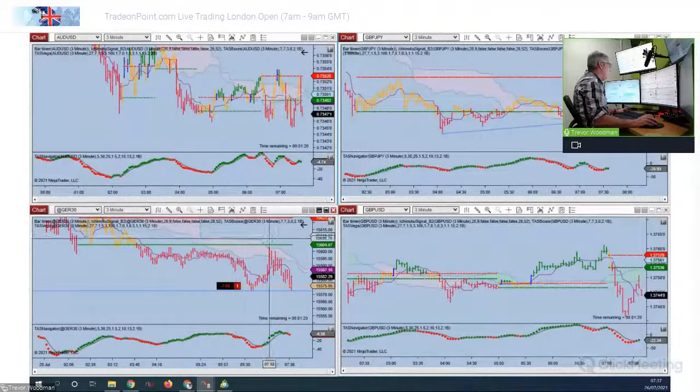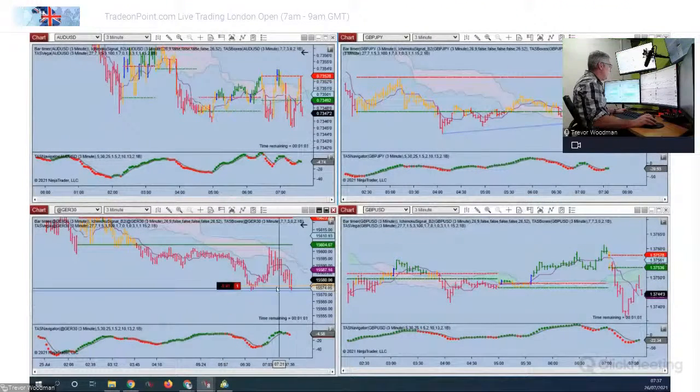Okay, so that's fine. My stop's going to be somewhere probably about 15.611. Give it about 30 points. Okay, stop.